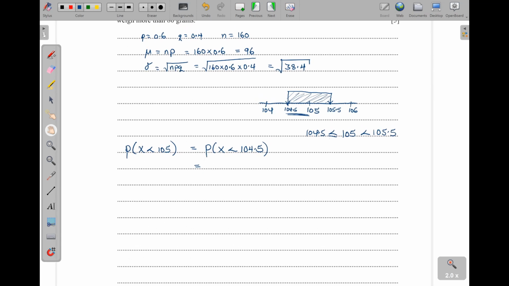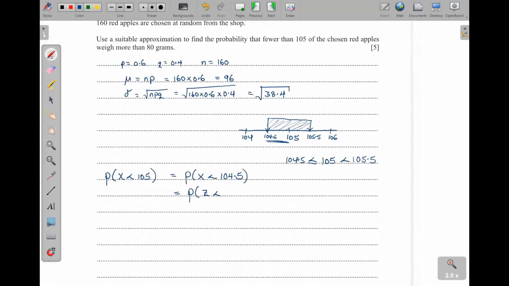It is the probability of z less than, remember our z is given by x minus mu out of the standard deviation. So I'll have here the x, 104.5, minus the mean we have calculated as 96, out of the standard deviation, which is the square root of 38.4.